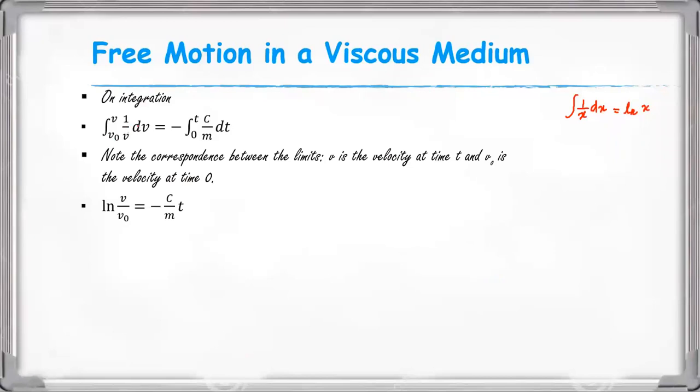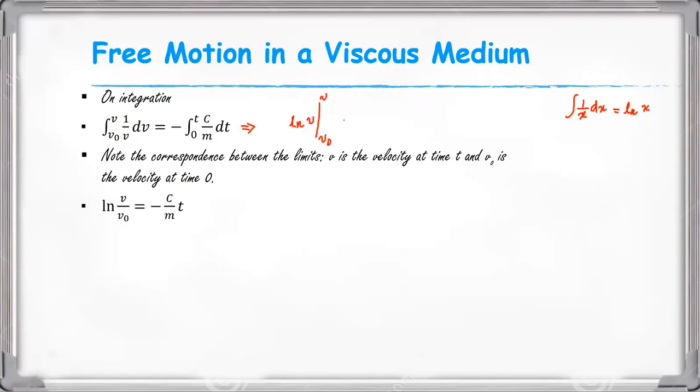So when integrating this quantity, I write the step here. Integral 1 by v dv: the variable is v, so 1 by v dv gives the result ln of v, with the limits v0 to v.